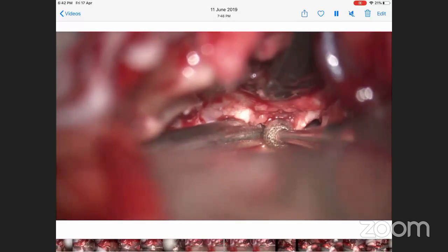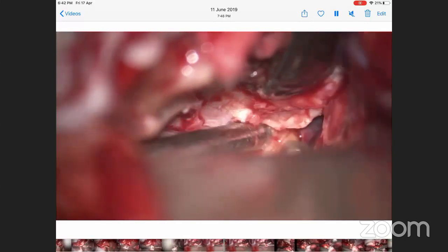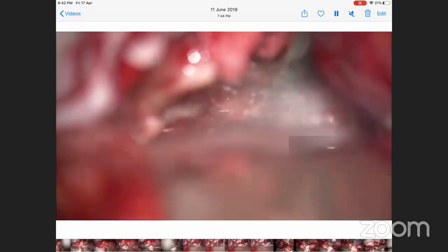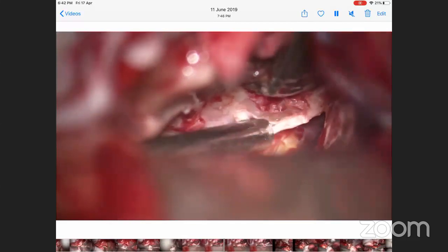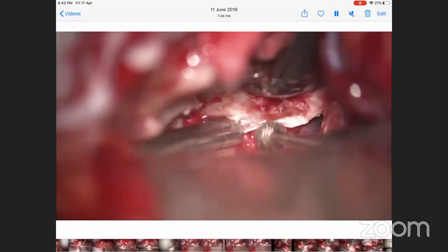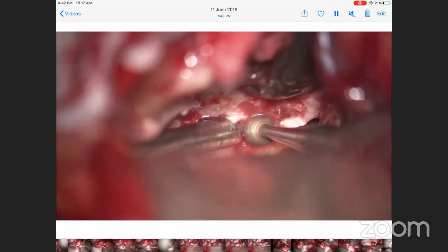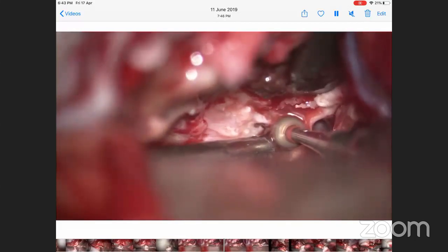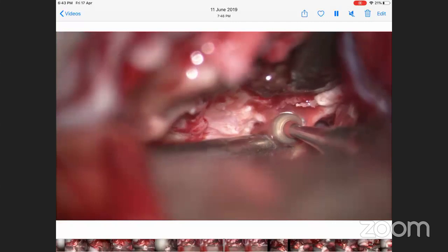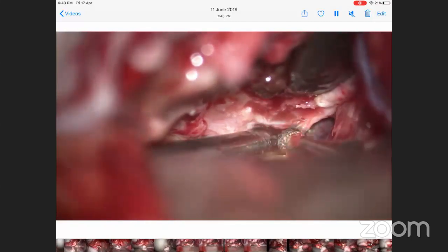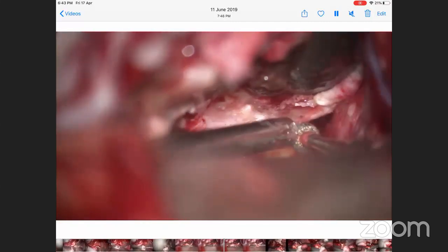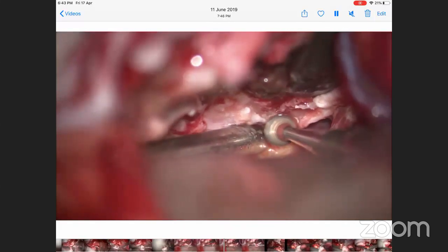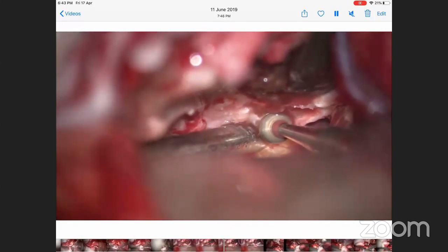So we are keeping on reducing the strut. This is side drilling. Last time we did complete extradural drilling. Now we are doing a hybrid drilling, which is mostly extradural and a little bit intradural.